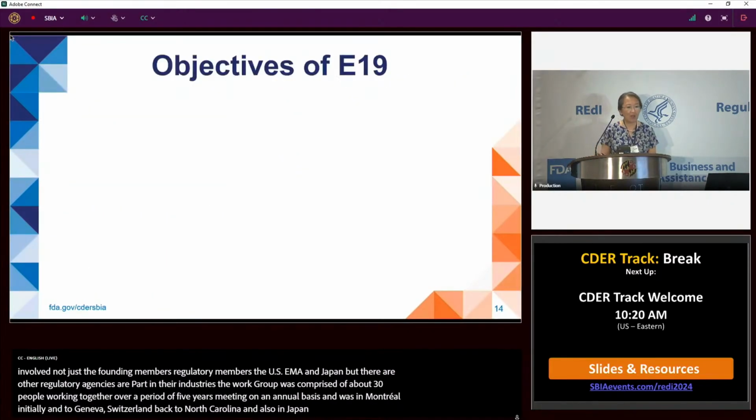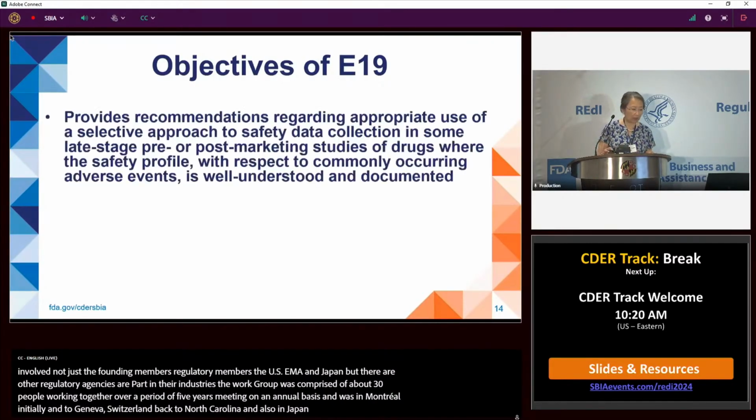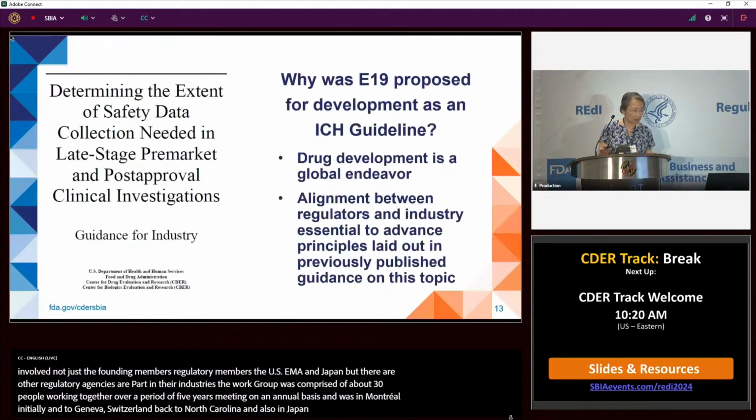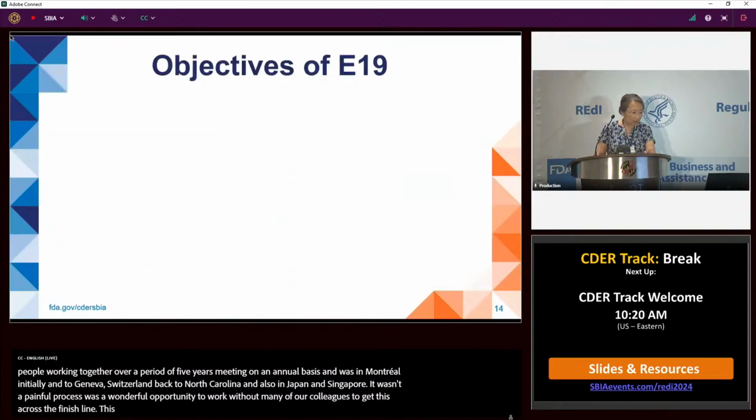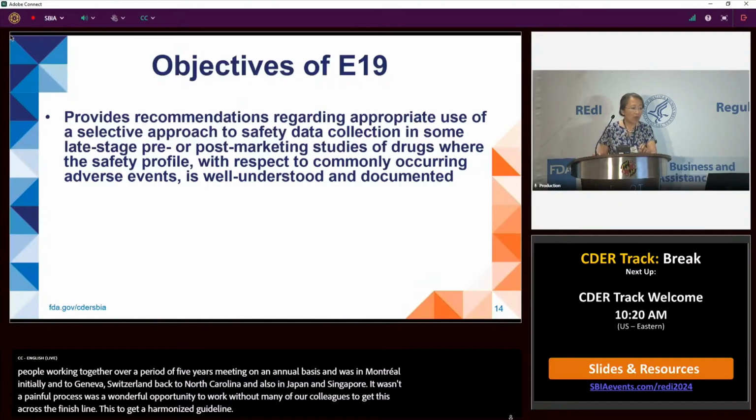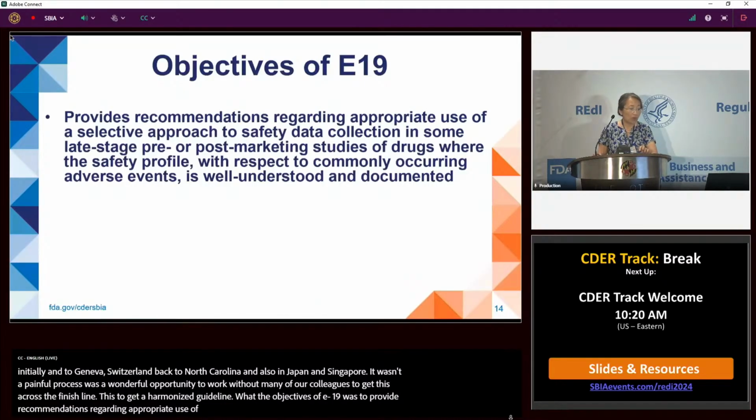It was actually a wonderful opportunity to work with many of our colleagues to actually get this across the finish line, to actually get a harmonized guideline. And the objective of E19 was, first, to provide recommendations regarding appropriate use of a selective approach to safety data collection in some late stage or post-marketing studies of drugs where the safety profile with respect to commonly occurring adverse events is well understood and documented.